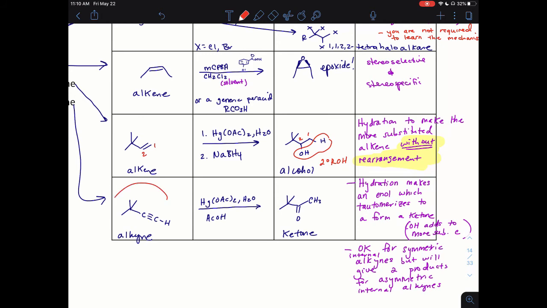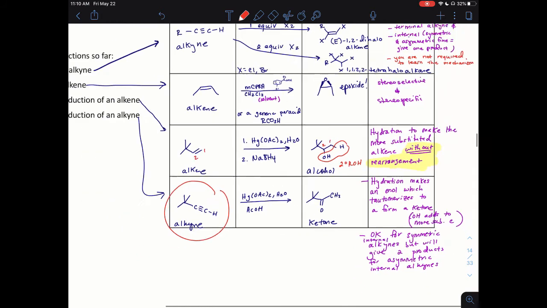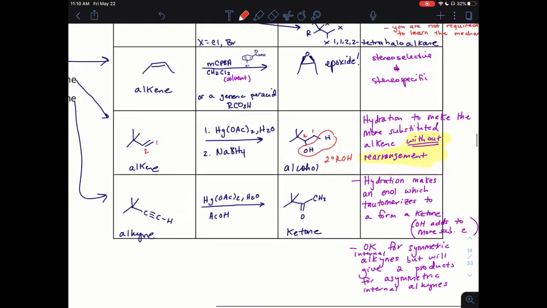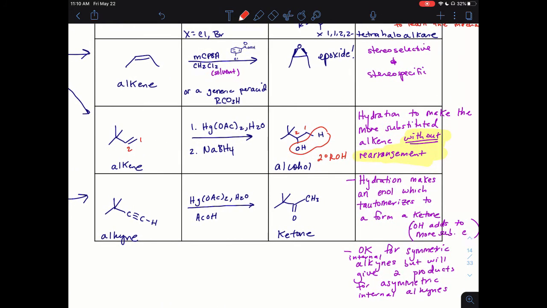Finally, alkynes can also be treated under oxymercuration reduction conditions. They're slightly different. It doesn't require 2 steps, and it doesn't require a reductant. You just need to add a little bit of acid. There are other conditions as well that you can look at on the previous page.